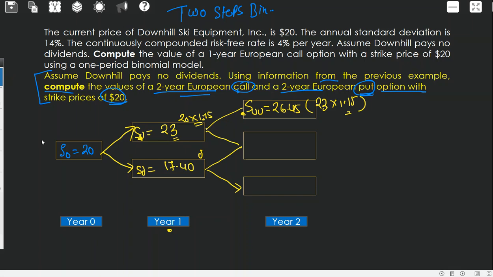Then how do we calculate this value? This is SUD: S, then up, then down. That's why SUD. What will SUD be? This will be 20. How? 23 into 0.87.